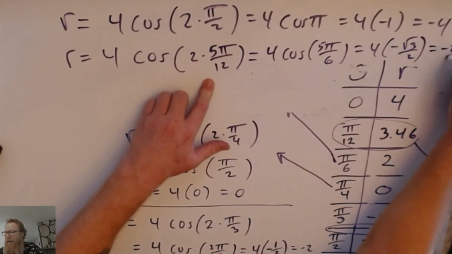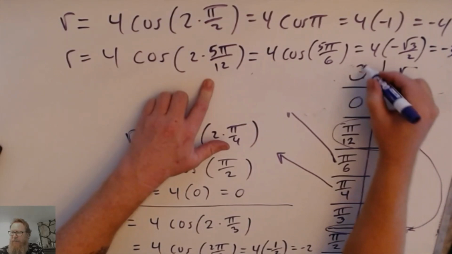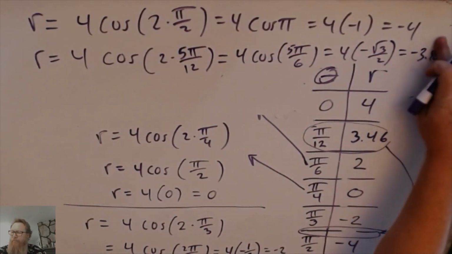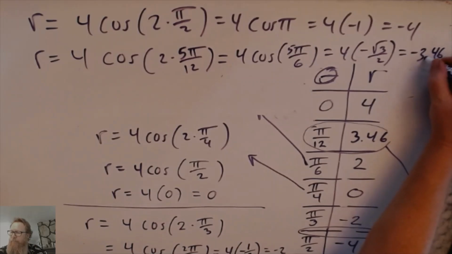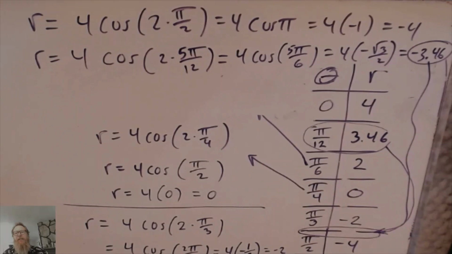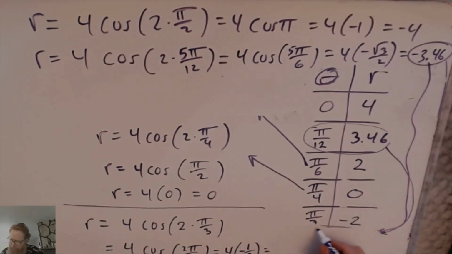And that would be negative 3.46. So that negative 3.46 would go down here, right in between here and here. It's only if you want symmetry. It's okay if you miss a point or two.